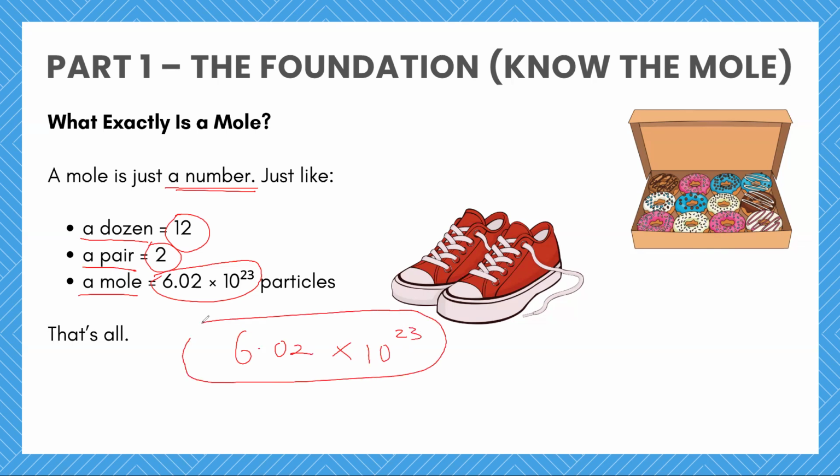So whenever I have this number of particles, whatever it may be, whether it be an atom, whether it be molecules, whether it be ions, in as much as this is the number of particles that I have, what I simply say is I have 1 mole of those particles combined together.